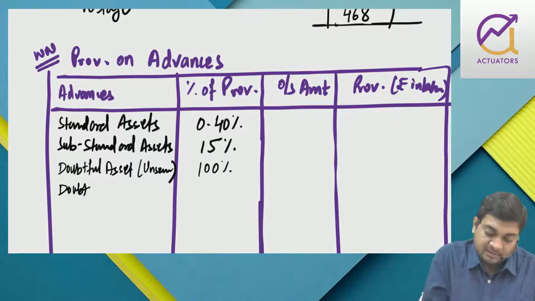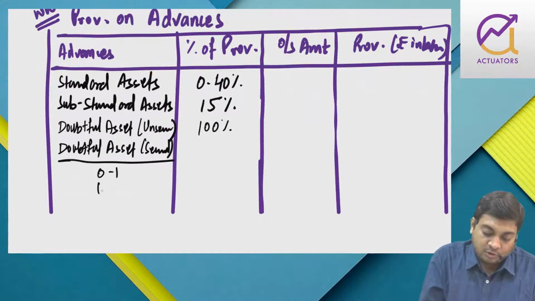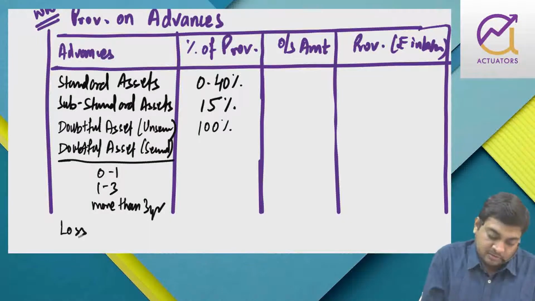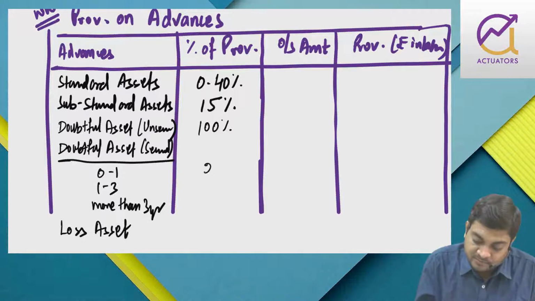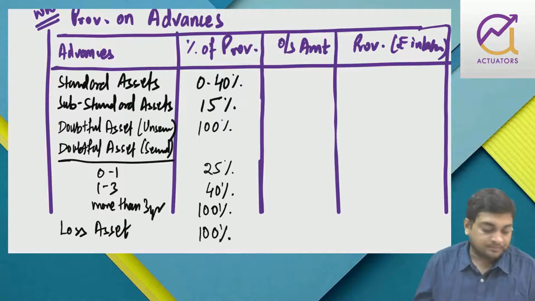Then again doubtful, we have secured 0 to 1, 1 to 3, more than 3. Finally we have loss asset. So this is 25, 40, 100, 100.